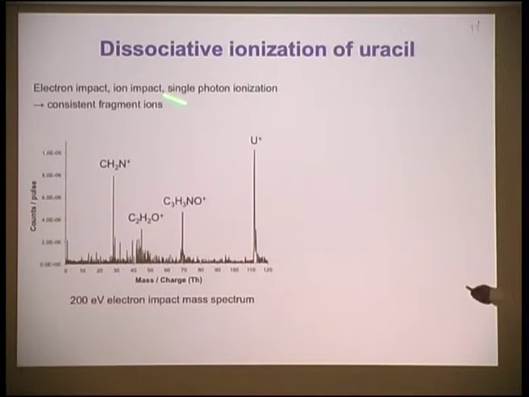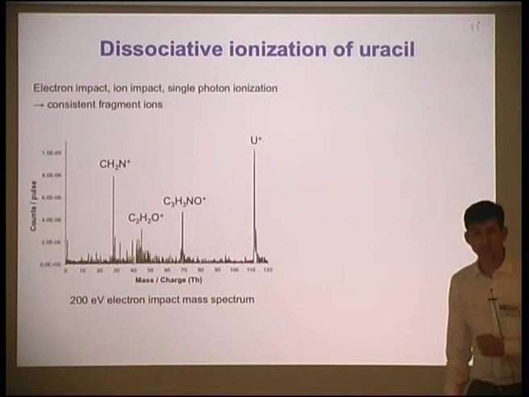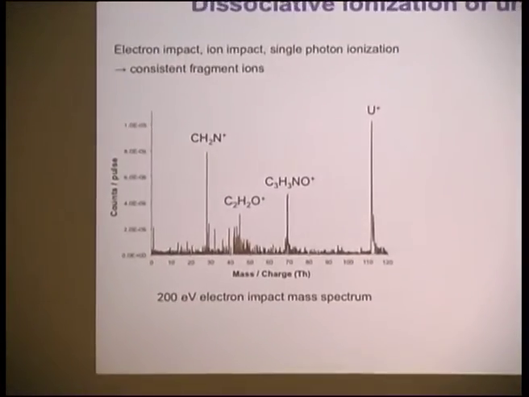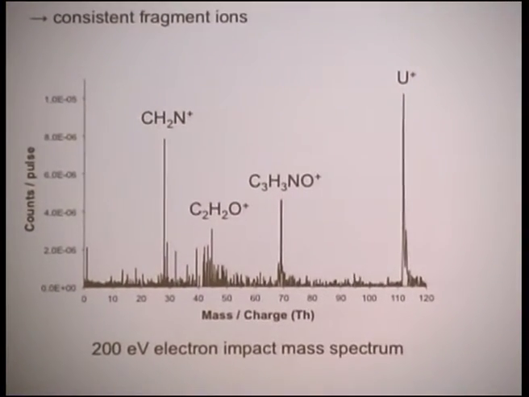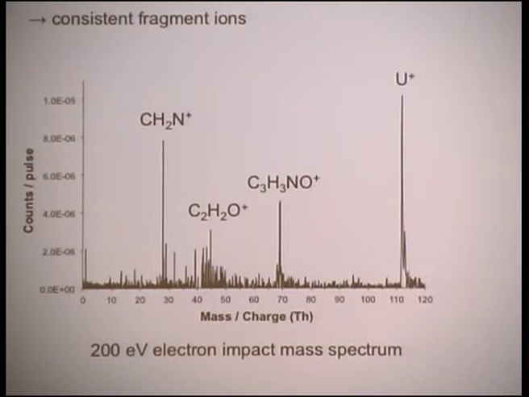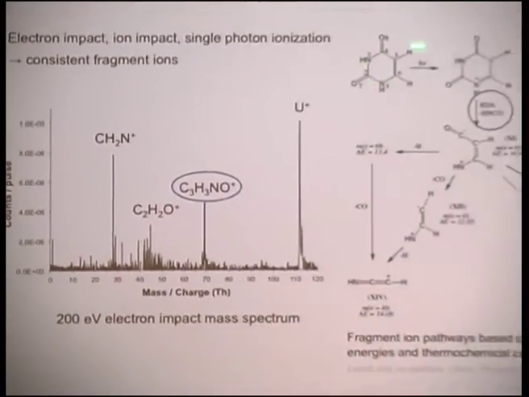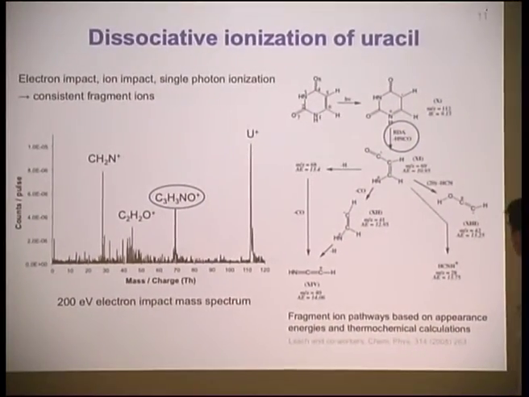So the next thing is to try and use our tool of looking at dissociative ionization and comparing electron impact ionization with multiphoton ionization. This is the electron impact ionization mass spectrum of uracil. It's been studied by lots of different groups in the past, and people have gone a long way towards rationalizing the specific relaxation pathways that take place.